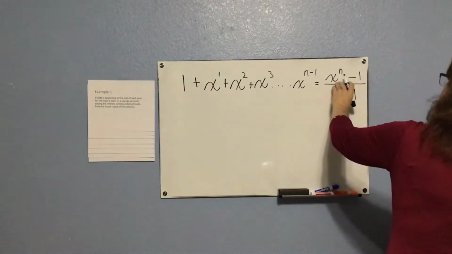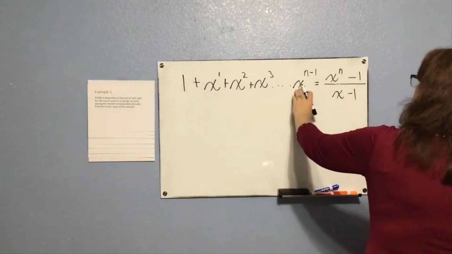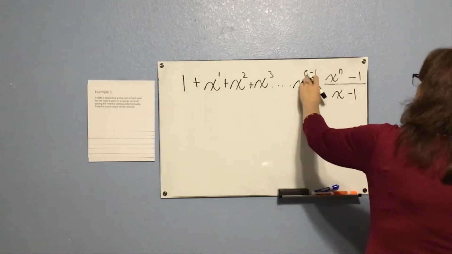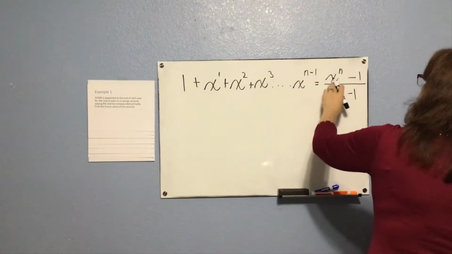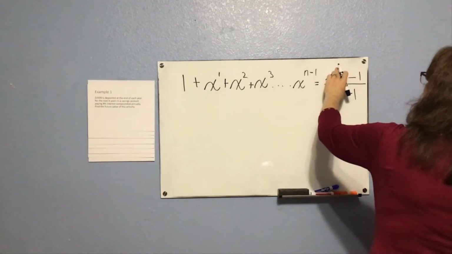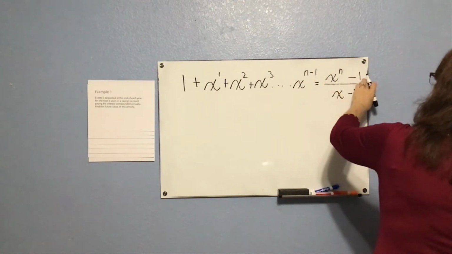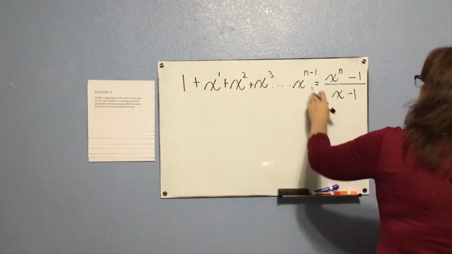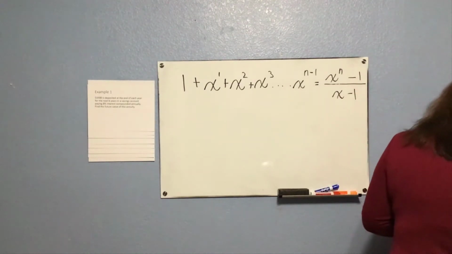Notice that although these sound the same, this is x to the n minus 1 power. This is all exponent. Here is x to the n exponent minus 1.